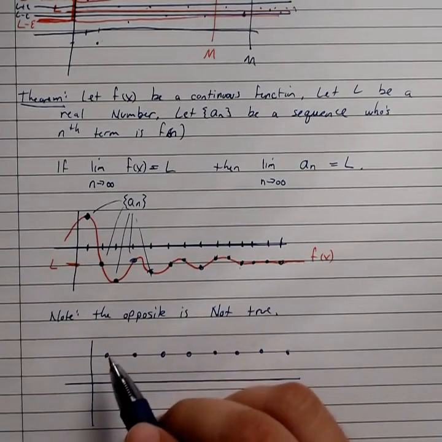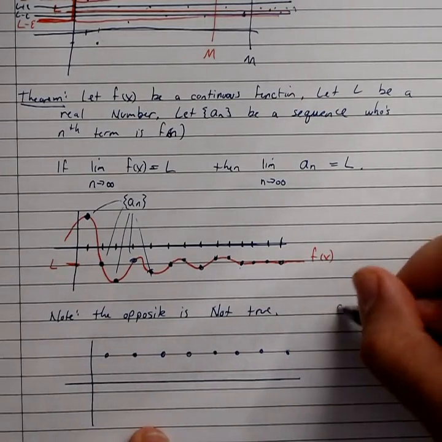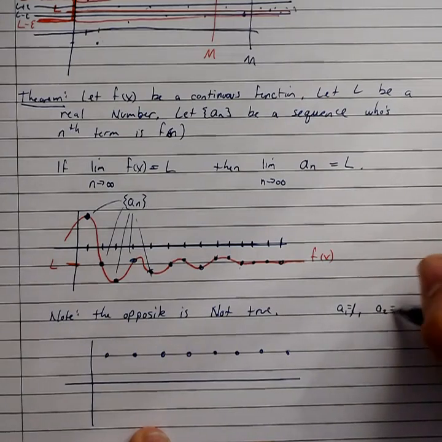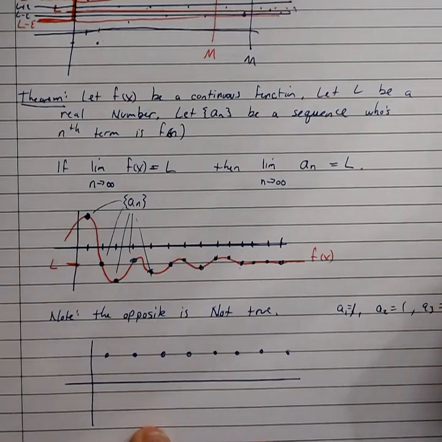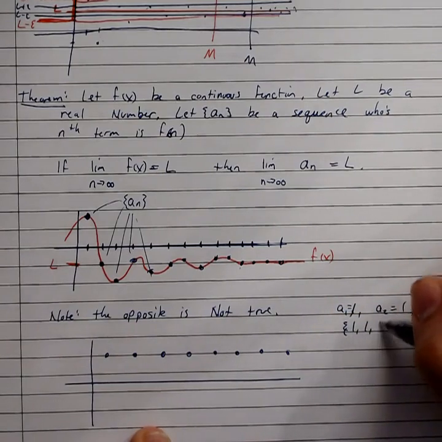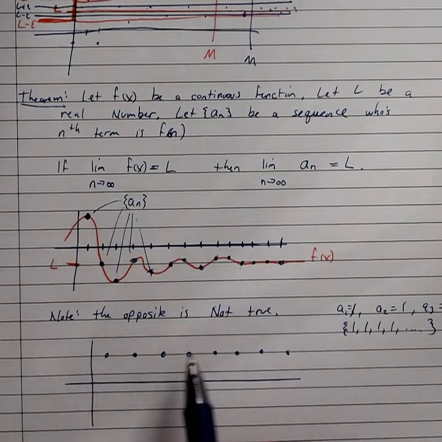So a sub 1 is 1, a sub 2 is 1, a sub 3 is 1, a sub 4 is 1, and so forth. This is a very, very boring sequence. It's 1, comma, 1, comma, 1, comma, 1, comma, dot, dot, dot. That clearly converges because, well, it's constant.